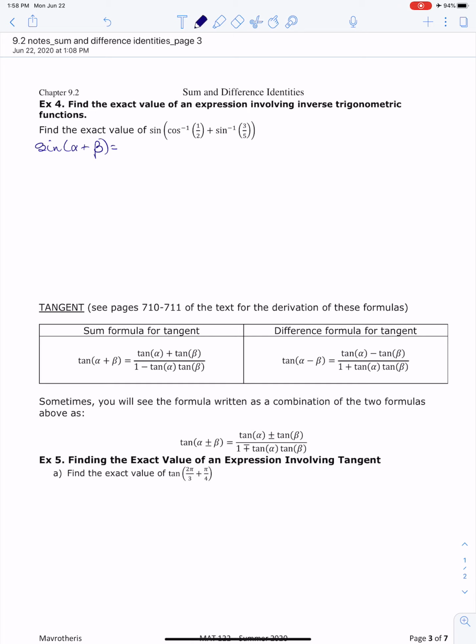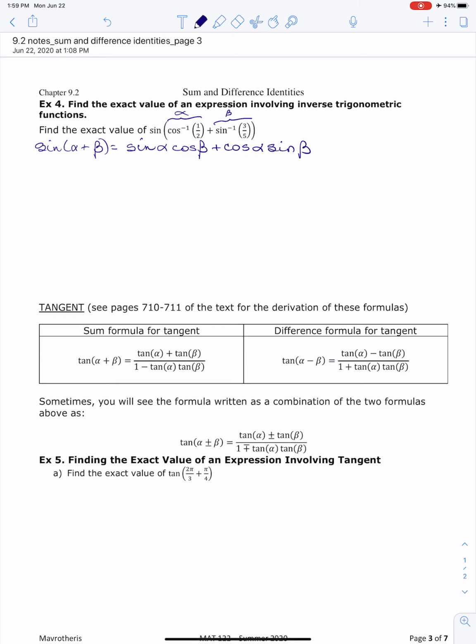Sine of alpha plus beta is the sine of alpha times the cosine of beta plus, operation stays the same, cosine of alpha times the sine of beta. And I'm going to make this my alpha and this my beta. I don't know what alpha is, nor do I know what the sine of it is.